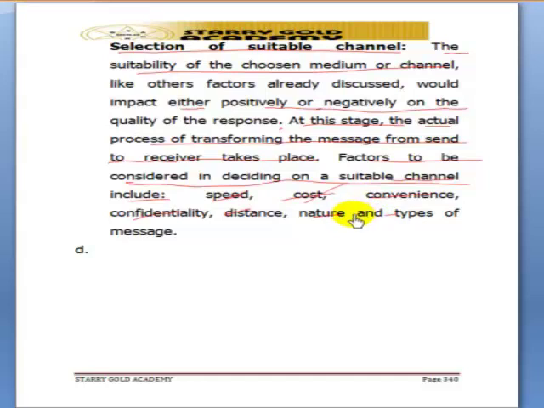So, take for example, a selection of suitable channel. Supposing your target audience is just people in your locality, and because of the people in your locality, you now decide to go on air, go on radio, or go on television, or go on whatever means one might decide to reach out to people.